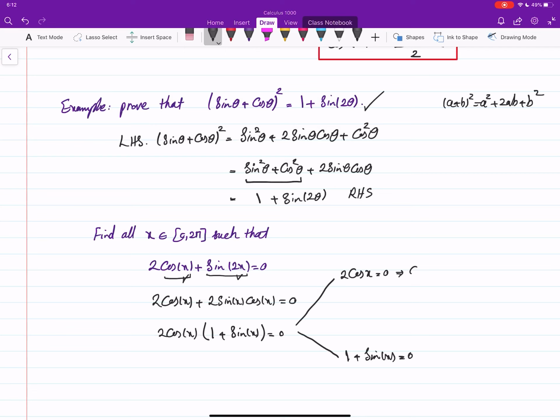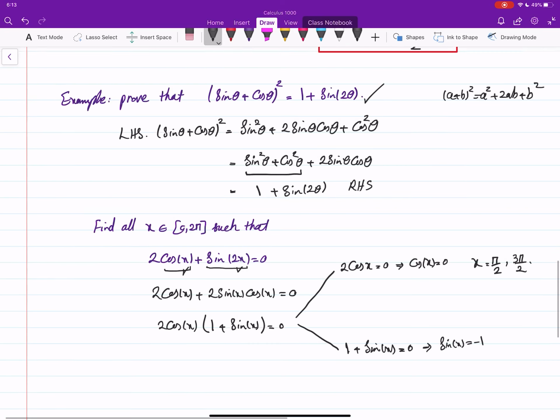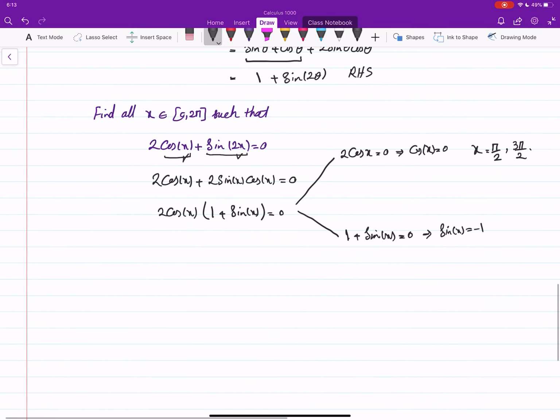This tells me that cosine of x is equal to 0. And in the interval 0 to 2 pi, we actually have two of those. One is pi over 2, and the other one is 3 pi over 2. From this one, we get sine x equals -1. What is the angle whose sine is -1?